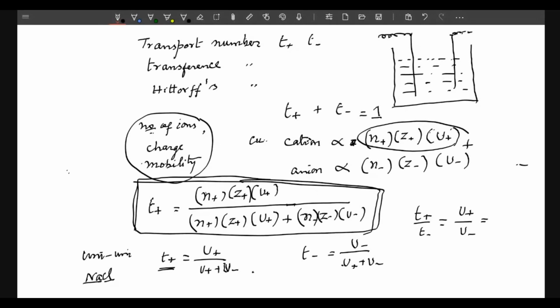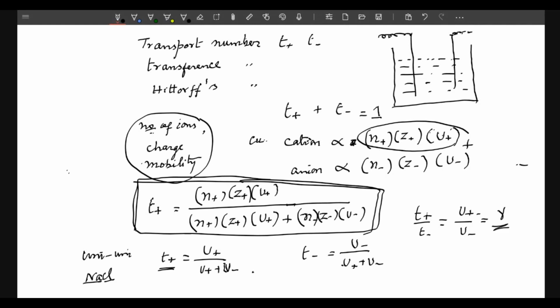U plus by U minus is nothing but R, the ratio of the speeds. Therefore, lambda plus by lambda minus is also equal to R. Therefore, if the speed ratio of the cation and anion is given, that can be related to the equivalent conductance of the ions, the ionic mobilities, and the transport number. All these can be interrelated.